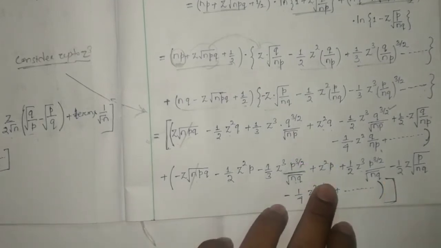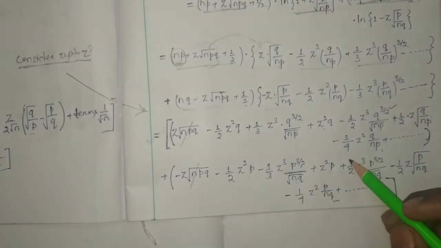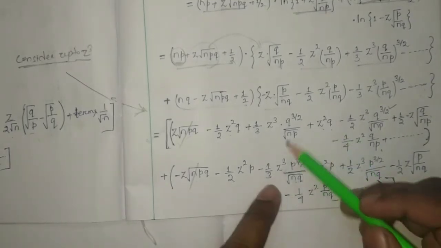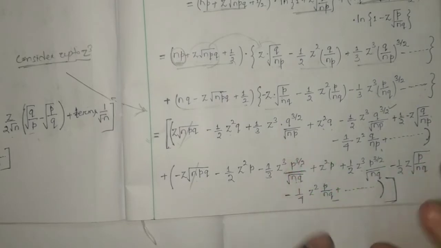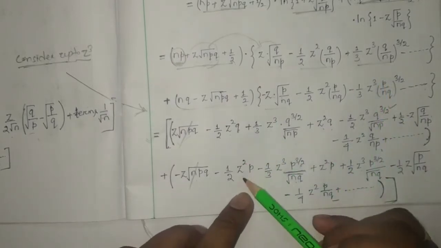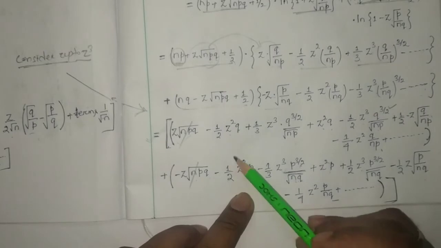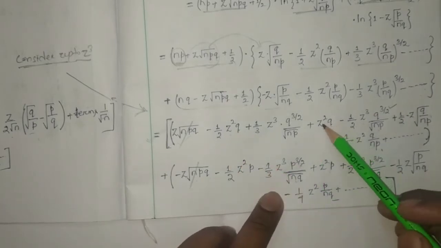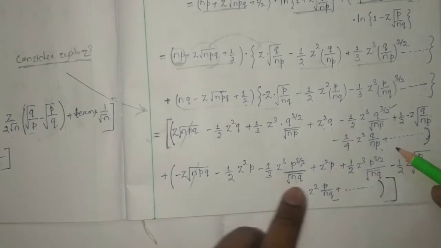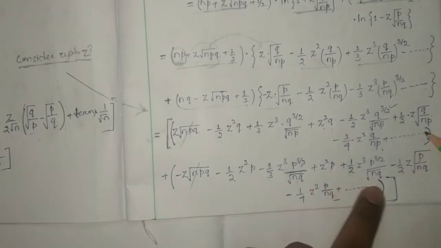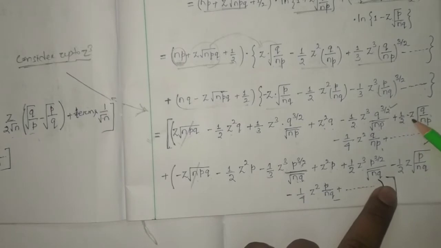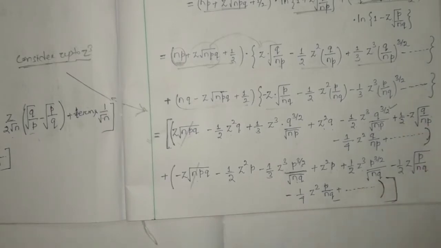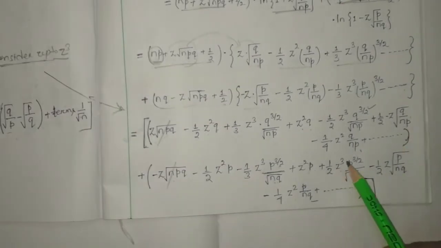Okay, now the other two terms here you can consider. These two terms are not to be cancelled, just keep that in your mind. Here two terms you can find: minus 1 by 2 z square q, minus 1 by 2 z square p. Here z square q, z square p, and here you can find minus plus 1 by 2 z q by np, 1 by 2 z p by np root over, and here 1 by 4 z square p by nq, q by np, like that.